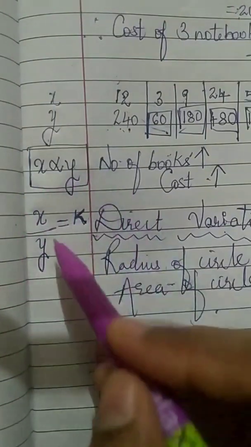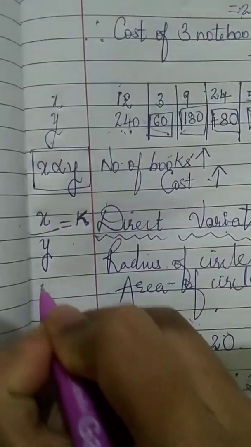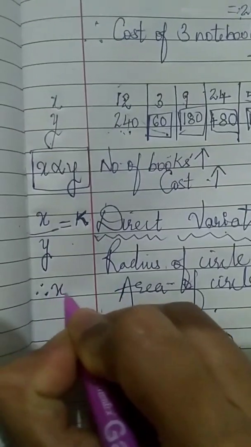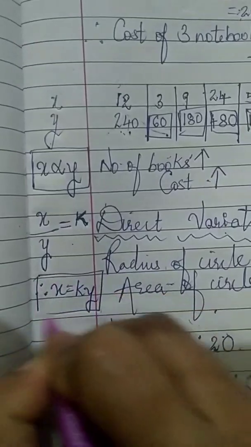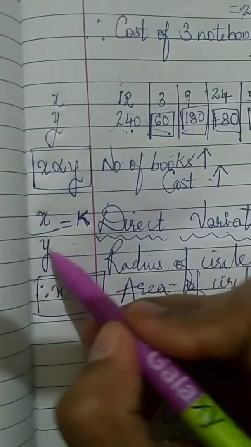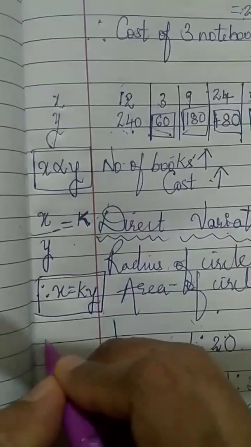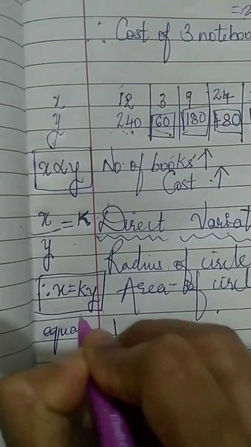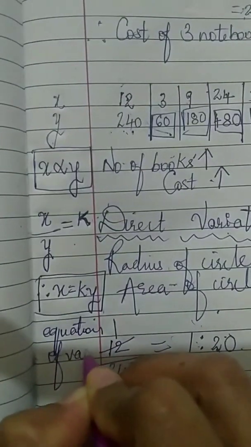If I take this y to the opposite side, I will get, therefore, x is equal to ky. Put it in a box. This is called the equation of variation.